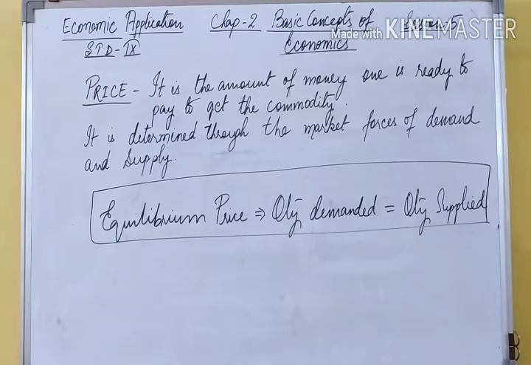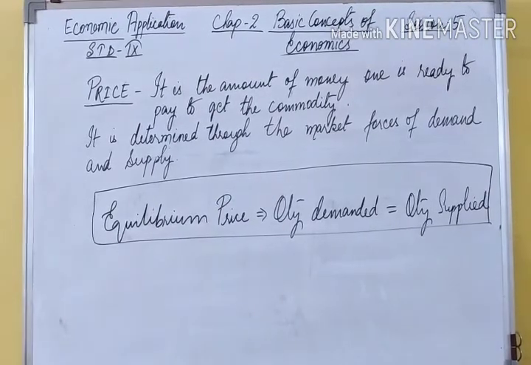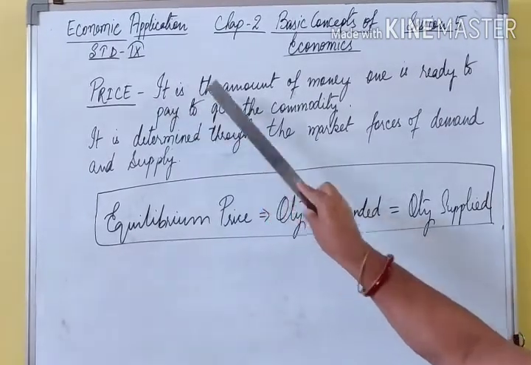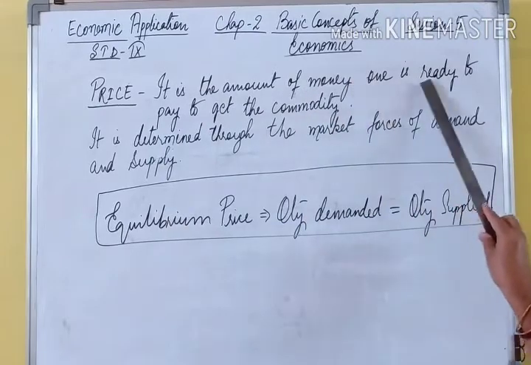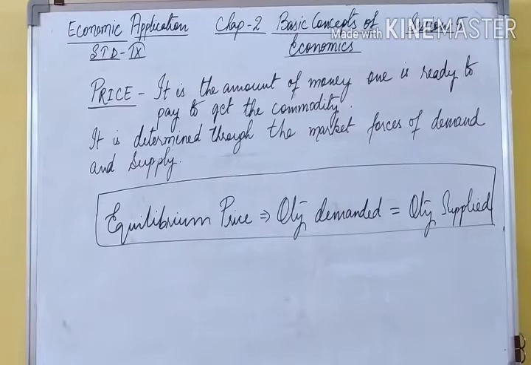Price is one of the basic elements in economics. As the definition goes, it is the amount of money one is ready to pay to get the commodity. So, what is price?